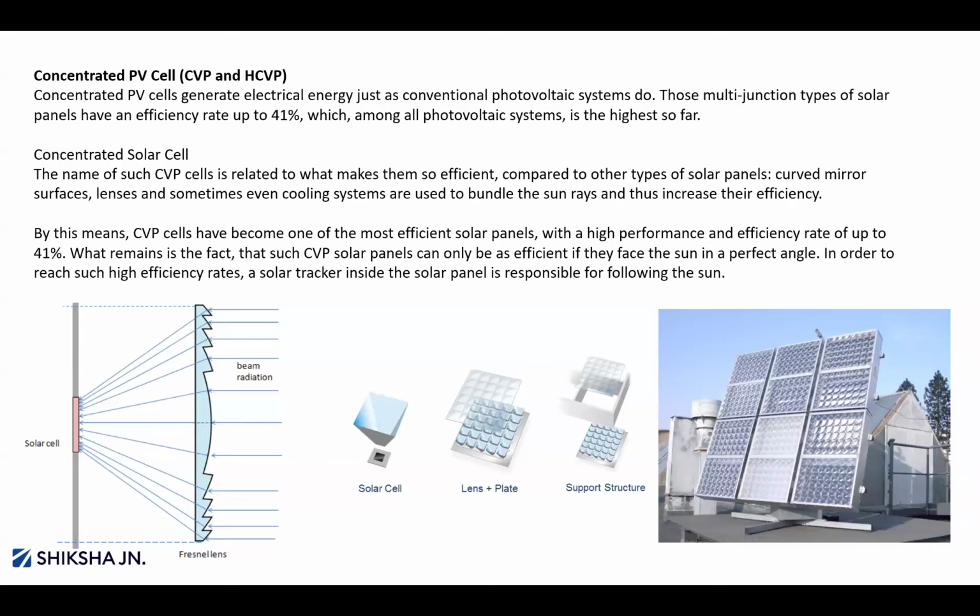There they can use this kind of setup, concentrated PV cells. Why? Because in a small area they will get more efficiency and more power, maybe for a shorter time. Maybe they will do some research for 3 months. They require a proper power supply, so they will use this kind of concentrated PV cells.